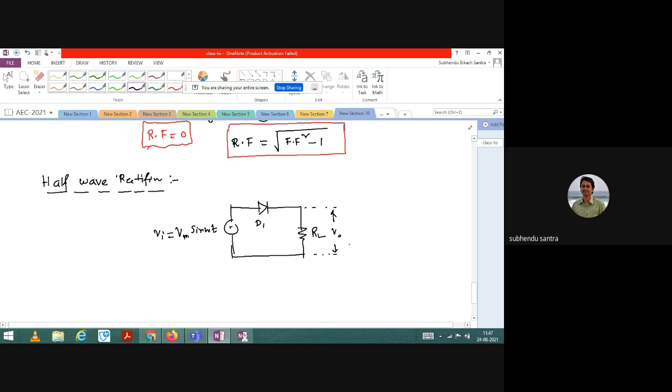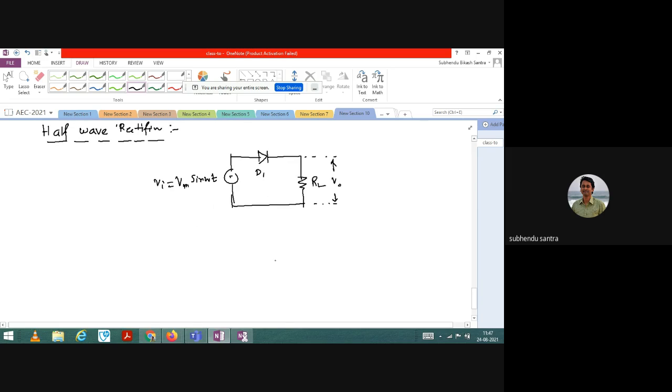You know why it is a half wave rectifier, because if you directly draw the input supply, this is Vi, this is Vm, this is pi, this is 2 pi, and this is the time axis.